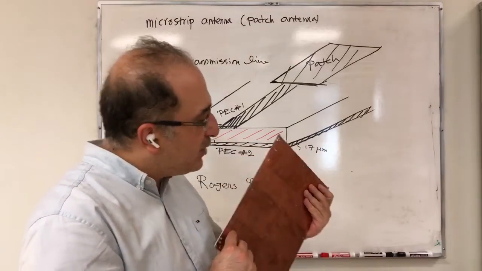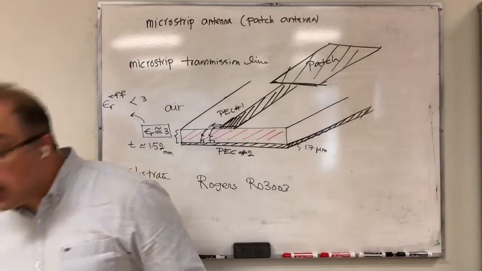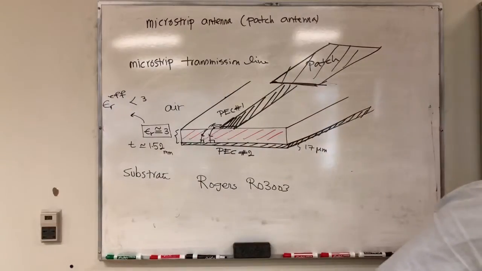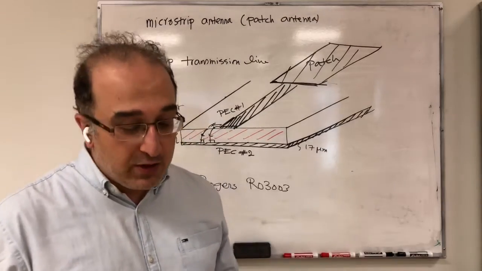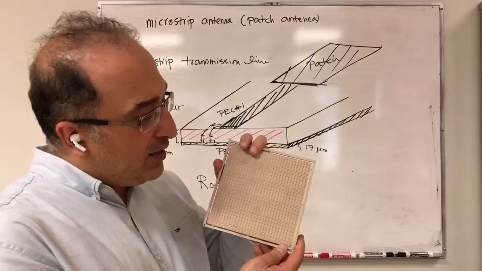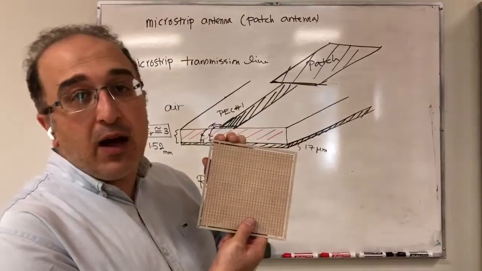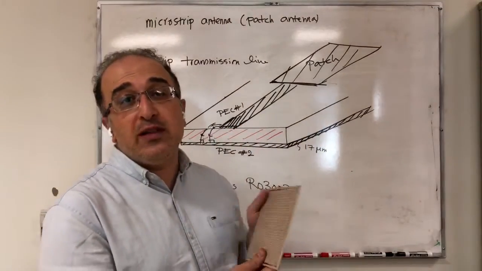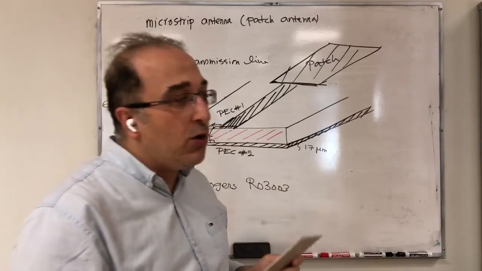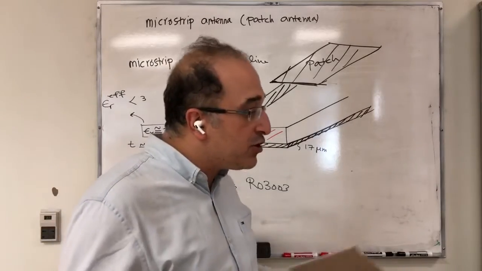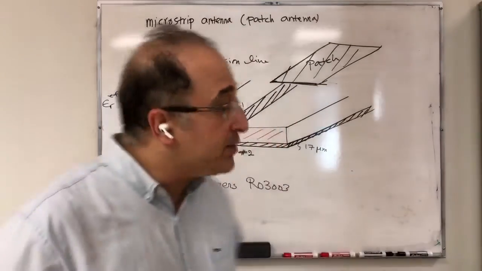But you essentially see that you have lots of these type of things, and in some other applications you might decide to have these copper traces everywhere on both sides, not just one side. For example, on this structure you have some copper traces, and also on the back you have copper traces. The other one that I showed you had just a copper layer in the back, but now you have traces on both sides. These are not for microstrip antennas. These are just to show you that you can actually do different things with these dielectric substrates.